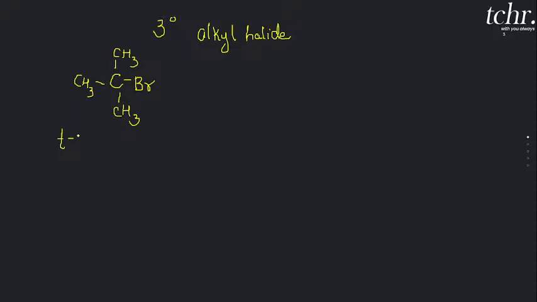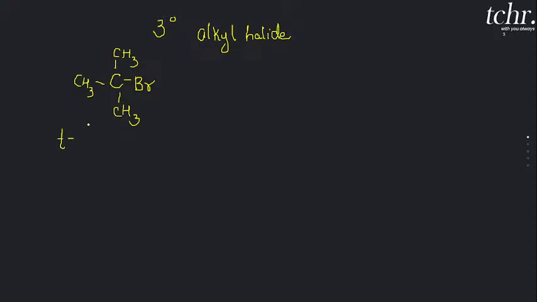So using this tertiary butyl bromide, we will perform the substitution nucleophilic first order mechanism. SN1 means substitution nucleophilic first order mechanism. That means here a very simple nucleophilic substitution will take place.